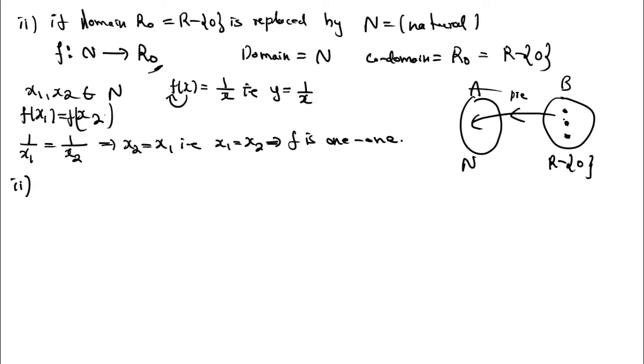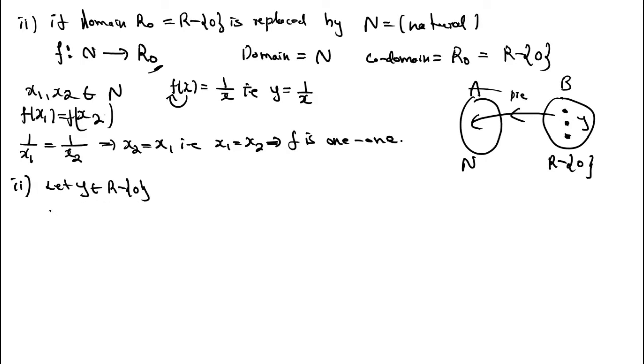Suppose you take one element y, then you need to check whether the pre-image of y is there in set A or not. Let y belong to R minus 0, the second set, right? You are taking one element from the codomain.